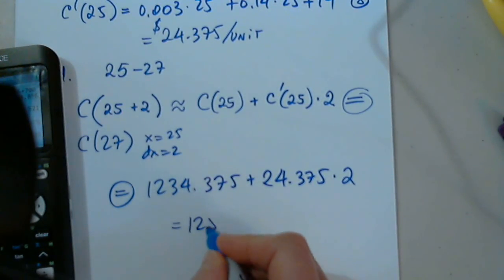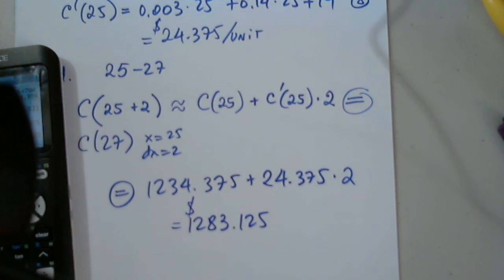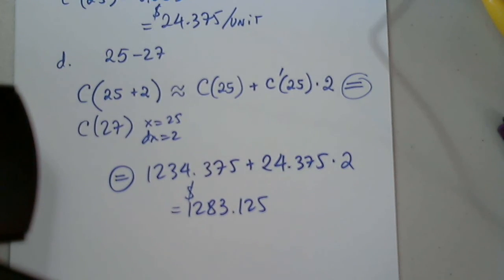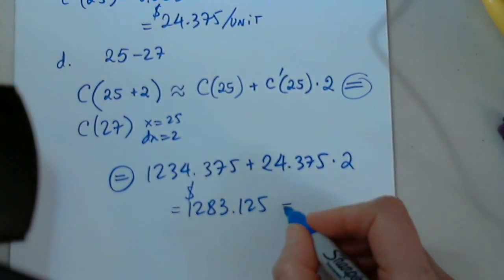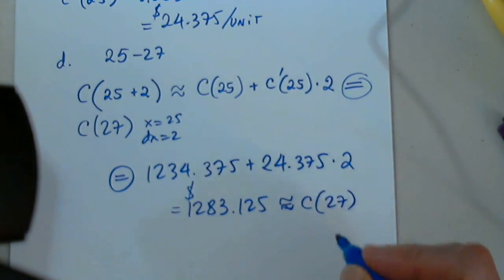So this is 1283.125. Oh, so they only want us to determine the extra in this part. Okay, we didn't finish, so this is fine. So this is approximately the cost of 27.